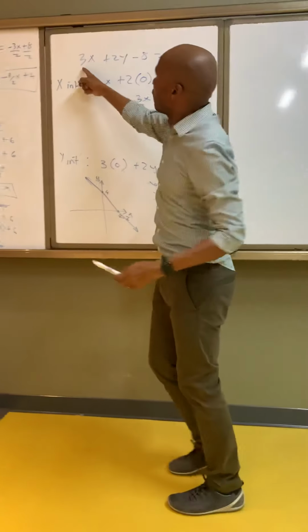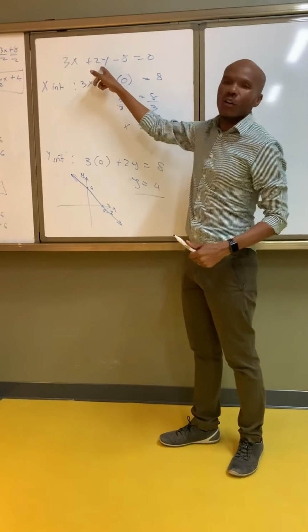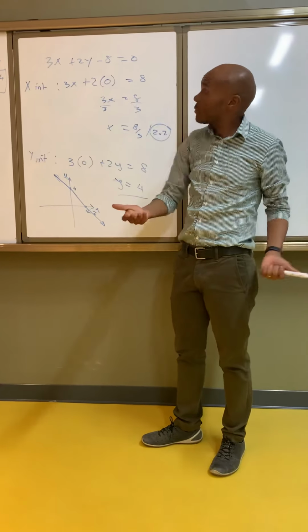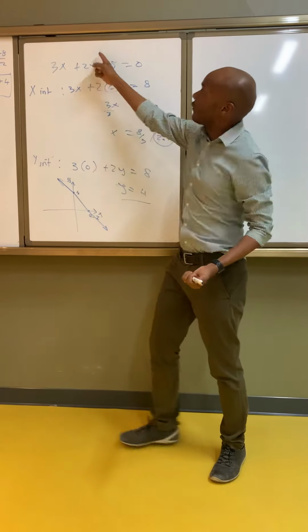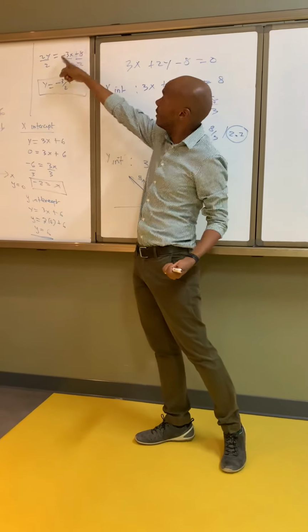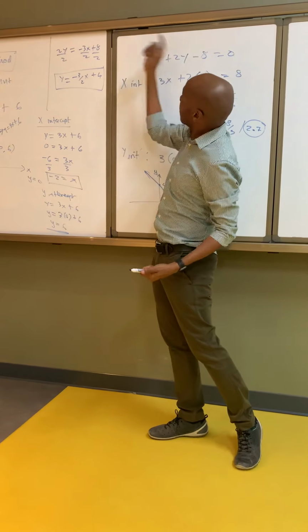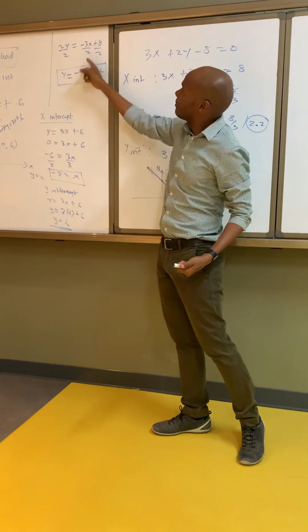Going further, what if you are given this now? You're given that. And you know that this is not in the form of y is equal to mx plus c. First of all, if you want to change it to be in the form of y is equal to mx plus c, you can make it like that. You transpose everything and divide by 2.